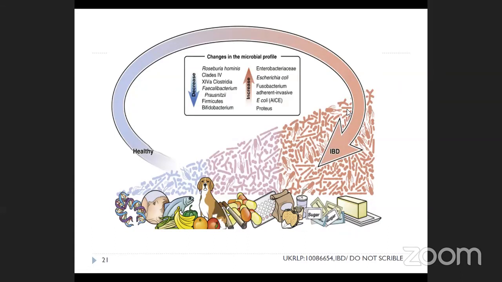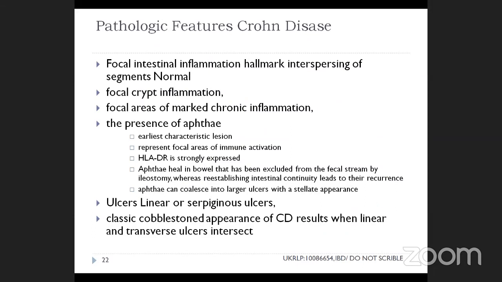So, coming on to the gross pathological features of Crohn's disease, as I said earlier, it's a focal disease. Crohn's disease is a focal disease. Always it happens at a particular point of the intestine, but there is transmural involvement, or the whole thickness of the wall of the intestine is involved, and there's a focal area of marked chronic inflammation.